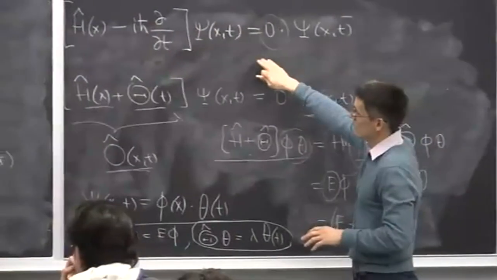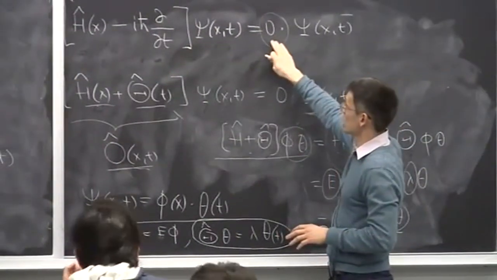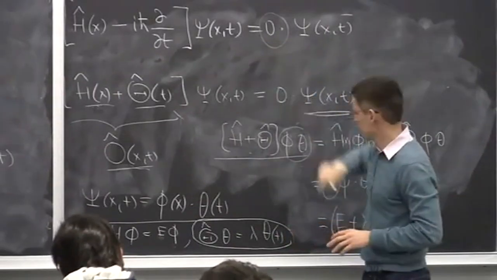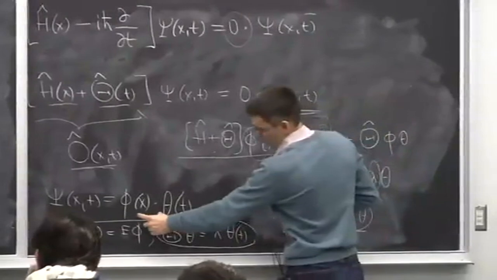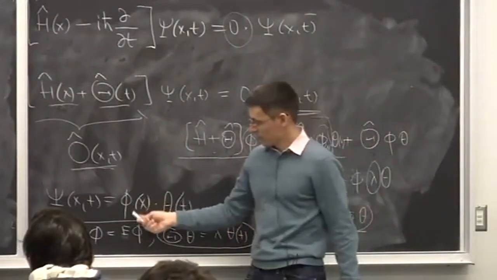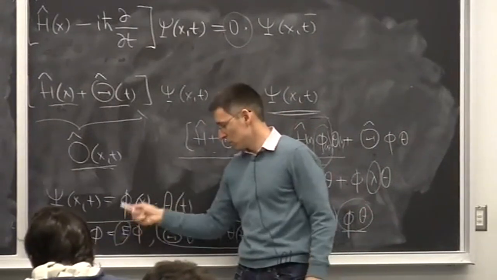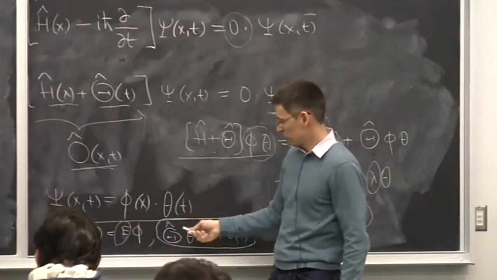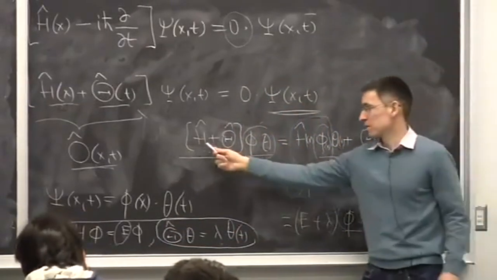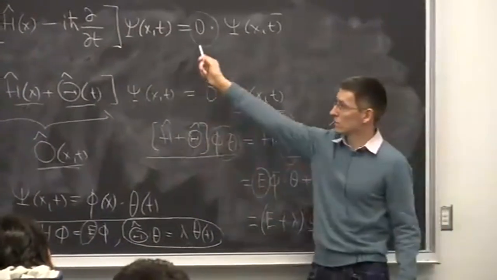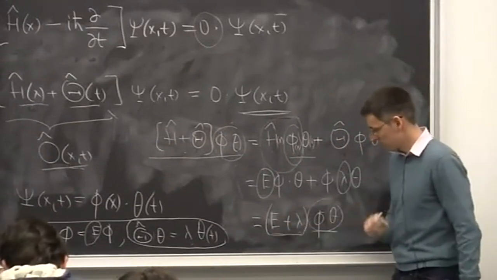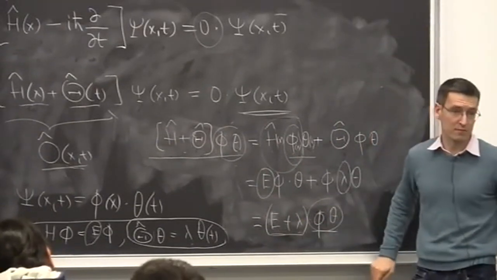For the time-dependent Schrödinger equation, what we're interested in is the wave function with the eigenvalue equals to 0, right? Now, if we take a random product like this, where phi is an eigenfunction of h with e eigenvalue, and theta is an eigenfunction of theta with lambda as an eigenvalue, then when we plug it into the time-dependent Schrödinger equation, the result we get is an eigenvalue which is e plus lambda, right?